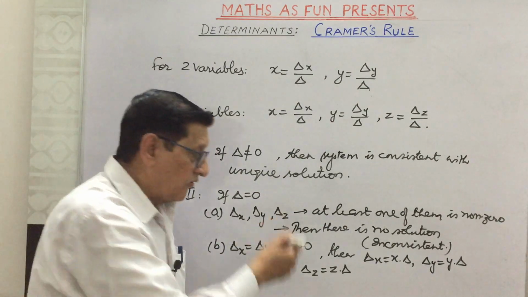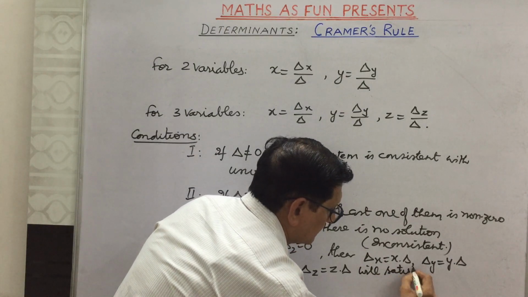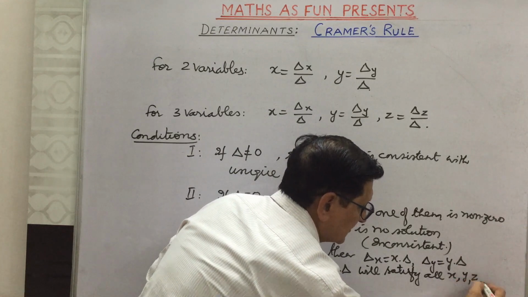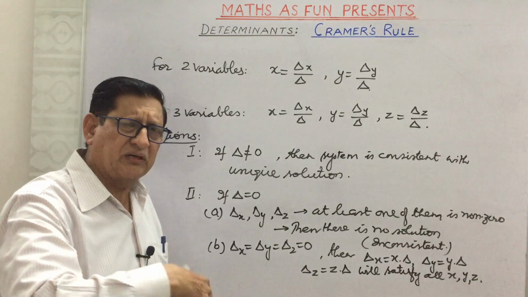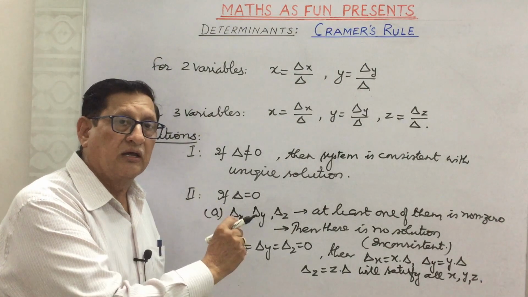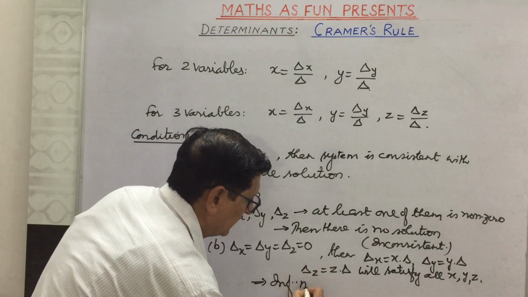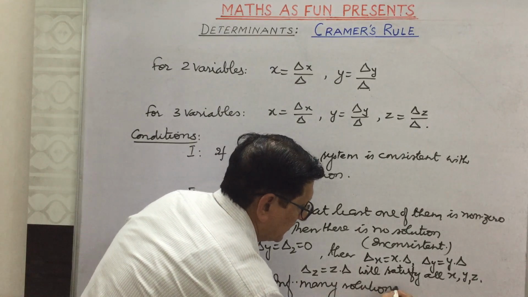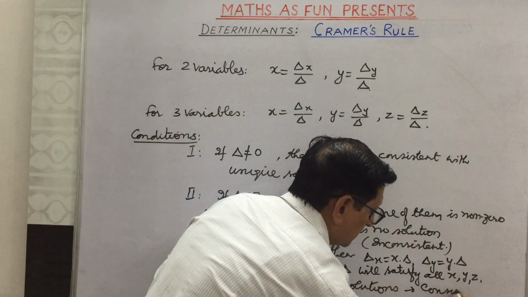It will be satisfied for all x, y and z. Let them be having any value. Then what we can say? It will have infinitely many solutions. It means the system is consistent.